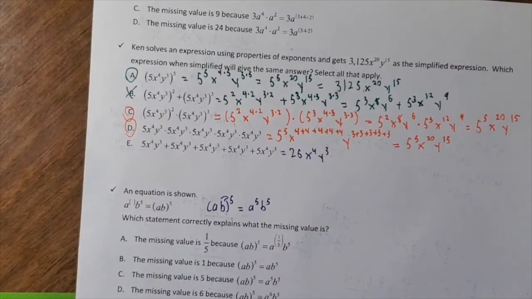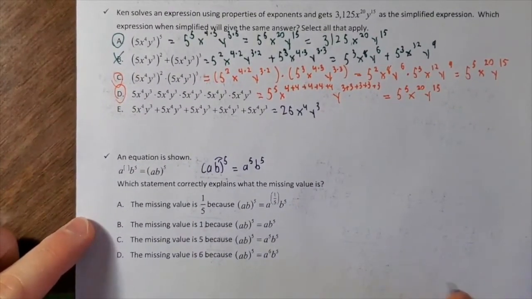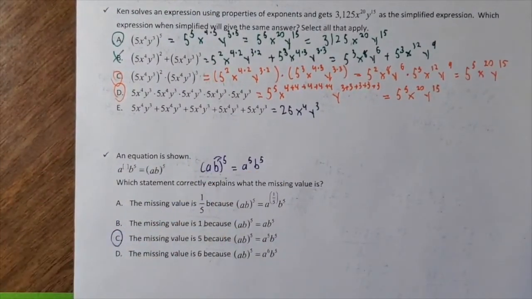And it looks like we're missing a 5 here for our missing value if we have a to the fifth. So it looks like letter C is the right choice we want here. We have that missing value of 5.